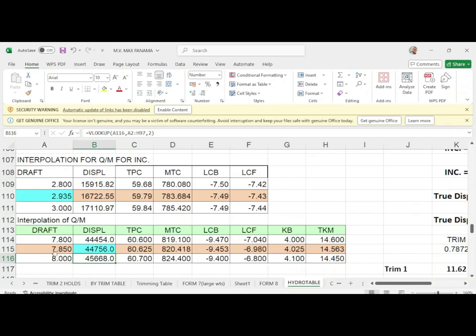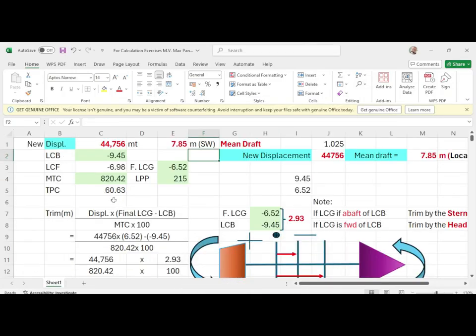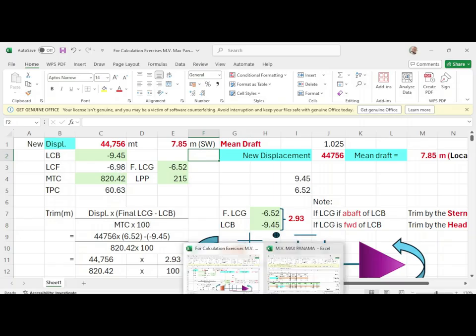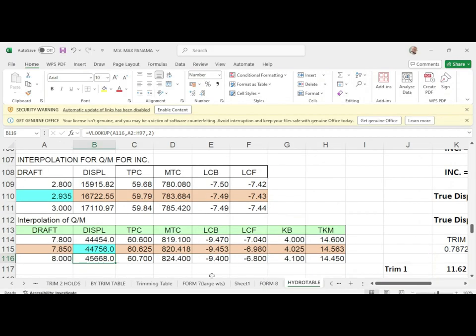This is your mean draft, this is your displacement, then you go to LCB. LCB is negative 9.45. And your LCF is negative 6.98. With this draft, LCF is negative 6.98.